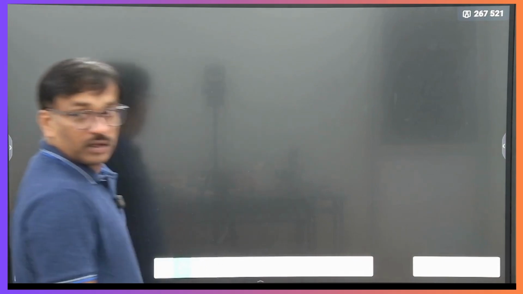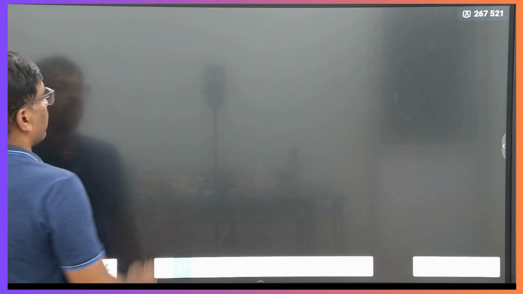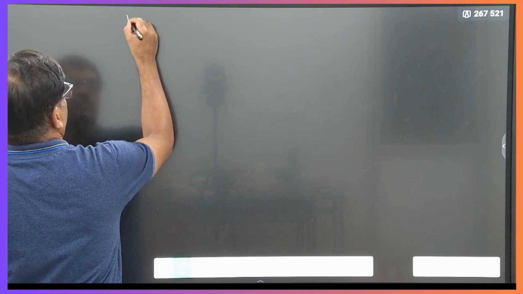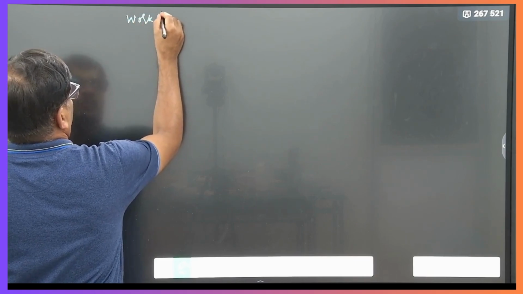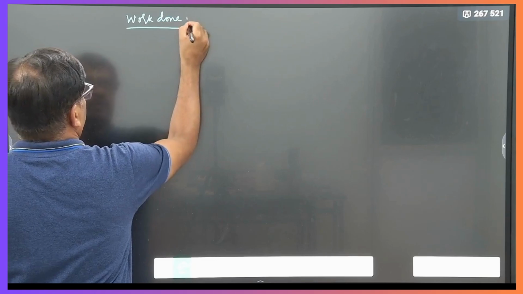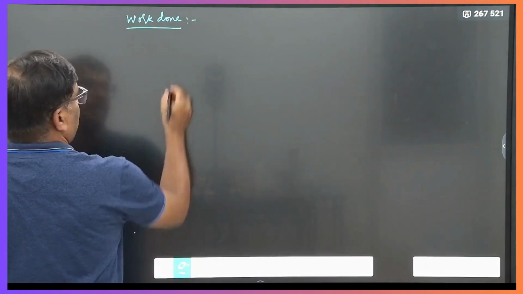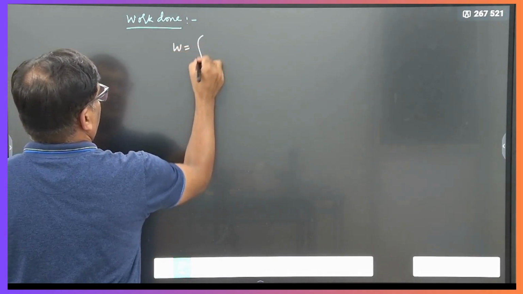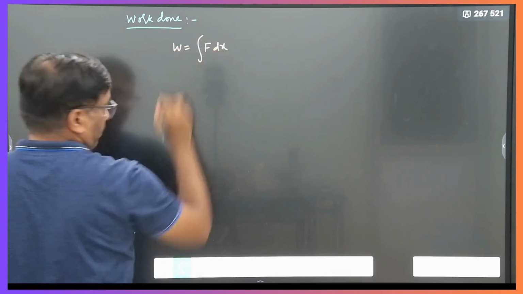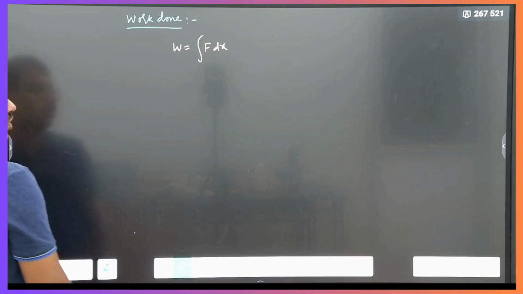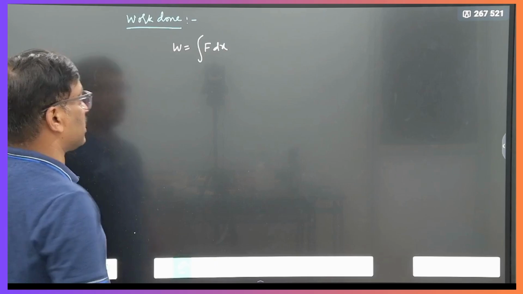Now we will go for the amount of work done. So what is the work done formula here? We studied that work done equals integral F dx. But pressure equals force by area, so force equals pressure into area.